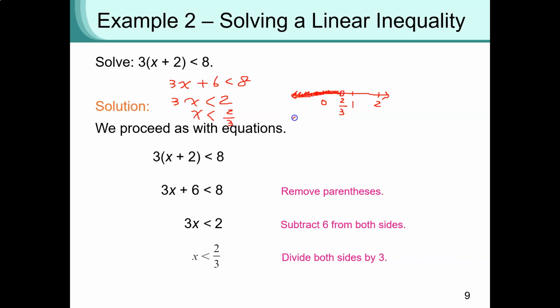So your interval notation will go from here up to here. This is negative infinity because of the left-hand side, and the right-hand side you'll have positive infinity. So the interval that satisfies this question would be negative infinity, comma, 2/3. And it's an open parenthesis here because you don't have the equal sign. So we put the open circle.